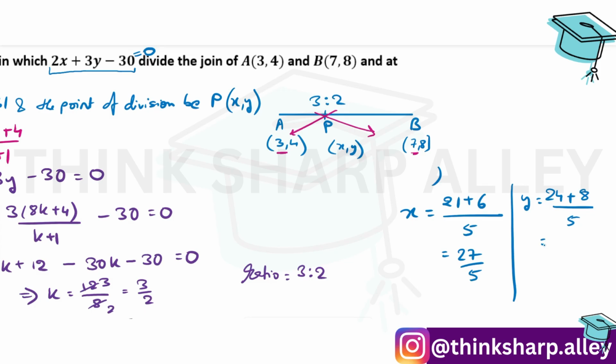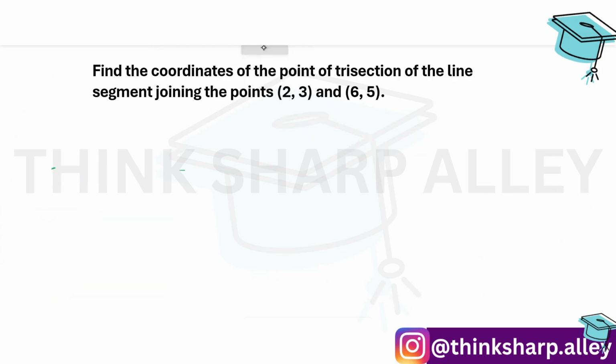So 24 plus 8 is 32 by 5. So the point is 27 by 5, comma 32 by 5. So these three sums show how flexible the section formula is in solving different types of problems.